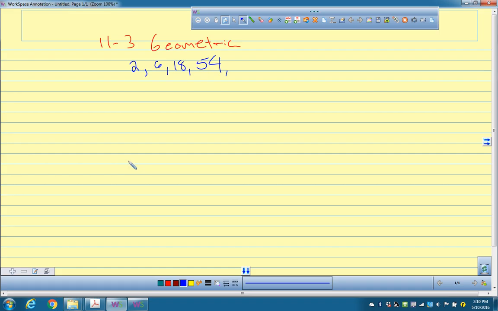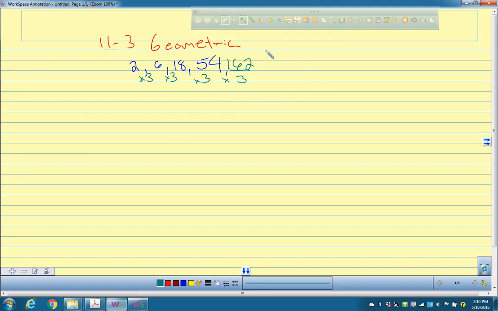Right, you're multiplying by 3. 2 times 3, 6 times 3, 18 times 3. So the next one would be what? Times 3, what would go in the next space? 162.